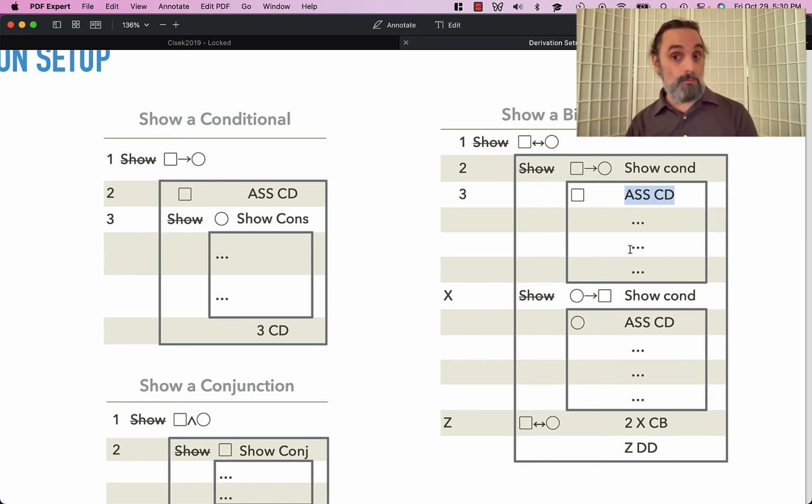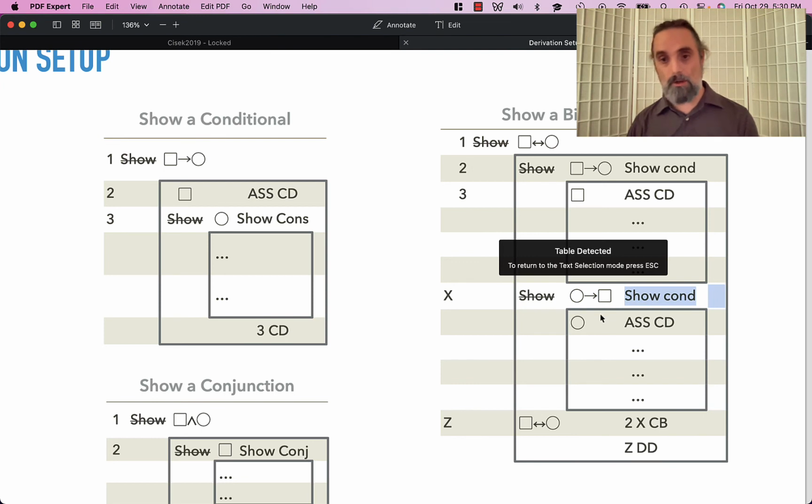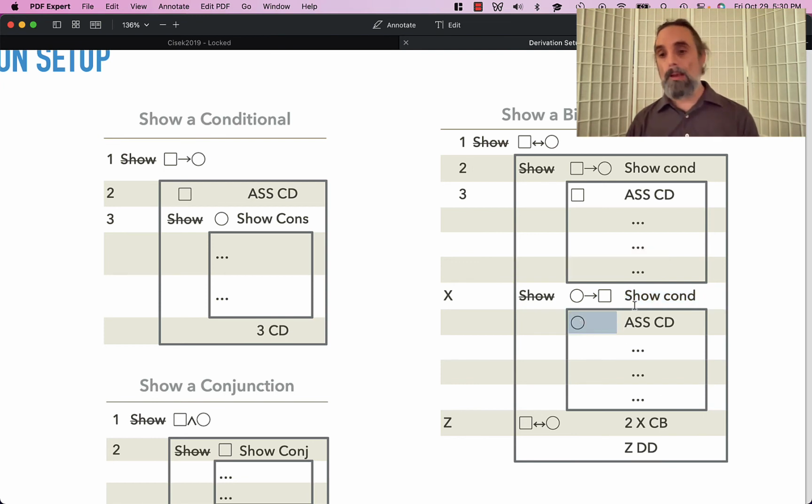We may use the premises in there. And then we'll show the other conditional, again entering that show line with show conditional, and again making that assumption. And once we've shown the two conditionals, once we've boxed and canceled those show lines and can use them, then we put them together using CB, and that is a direct derivation.